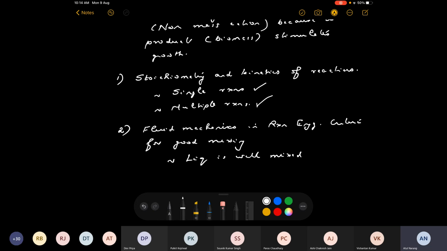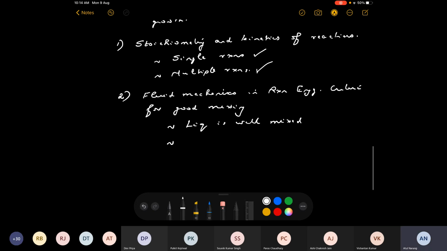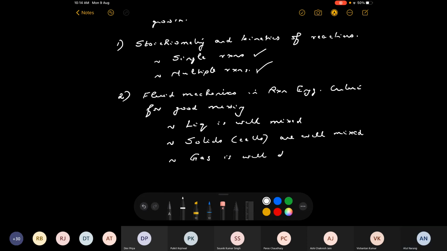The solids, by solids I mean the cells that are in the reactor, also have to be well mixed. Why they have to be well mixed, we'll explain when we do the course. And also, you generally pass air to the reactor. You want the gas also to be well dispersed, spread throughout the reactor.